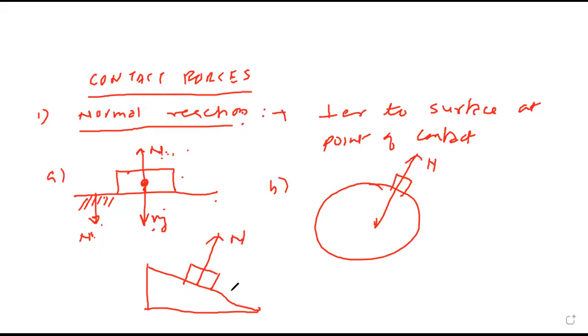If this is the surface, where will be the normal reaction? Perpendicular to this surface. So for vertical surface, it is horizontal. For horizontal surface, vertical. Circular surface, radially outward. And for inclined, perpendicular to the surface. Draw this flow diagram.